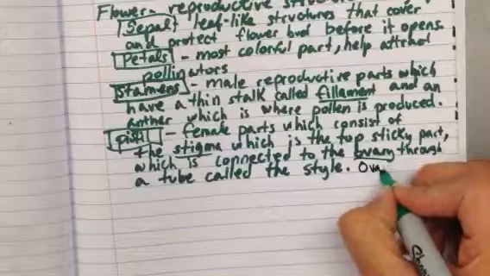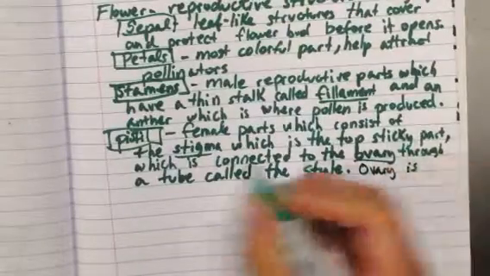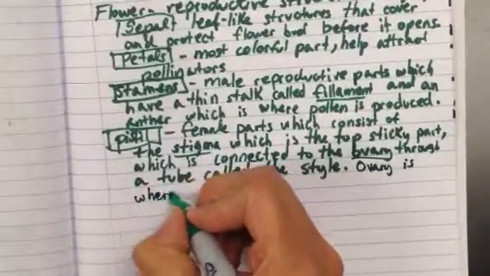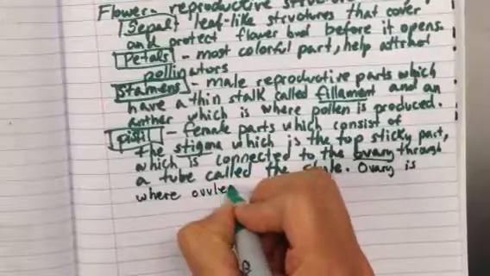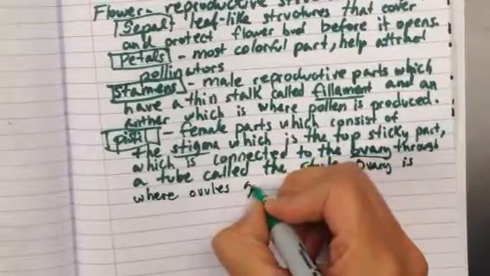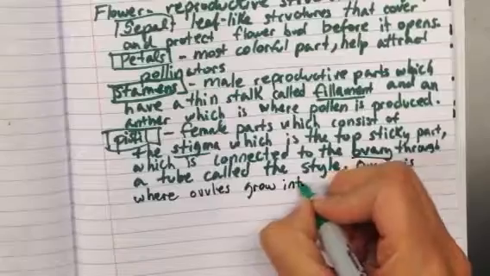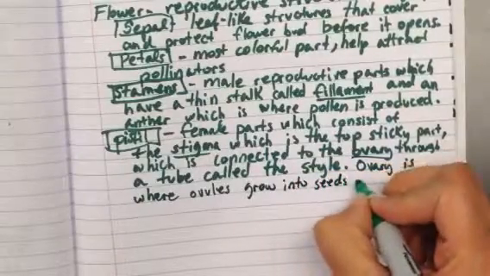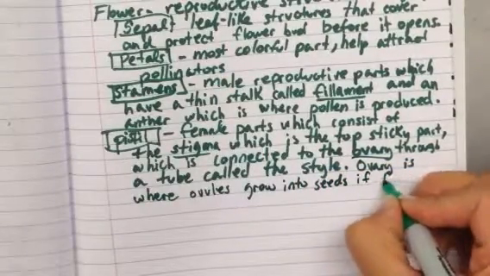And the ovary, as you guessed it, is where ovules or egg cells grow into seeds if fertilized.